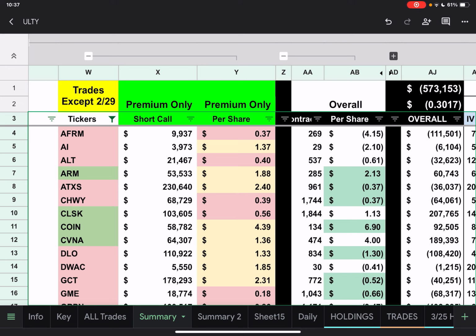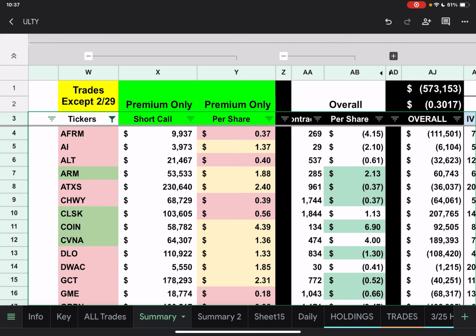So you can see, for example, if we're looking at the first one, Affirm, it made in premium 37 cents a share, which is what I've understood Jay to say is going to pay out for the distribution. So that would be part of the distribution. Obviously, again, this is by the Affirm number of contracts and not ULTY itself.